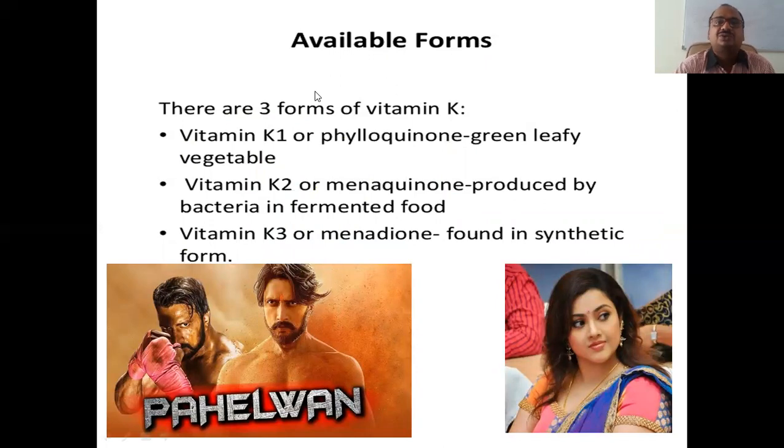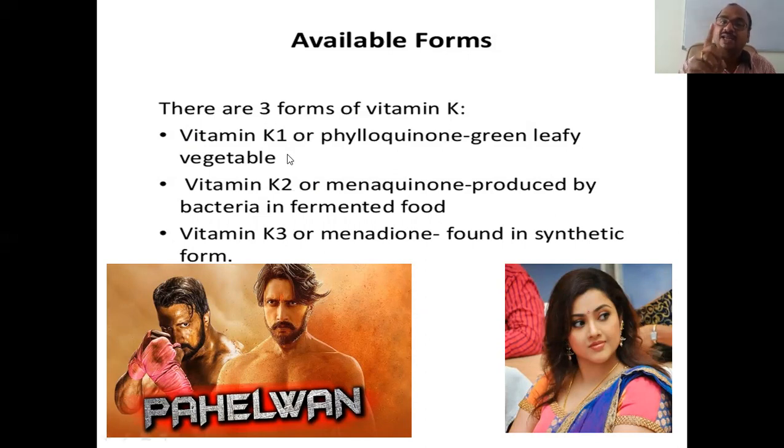Available forms. See, vitamin K is available in 3 forms. The 3 forms have appeared in a number of question papers, like drug inspector, railway recruitment board pharmacist, hospital pharmacist, in all entrance examinations, including NEET also. A number of times it has appeared. K is available in 3 forms. First one is vitamin K1.